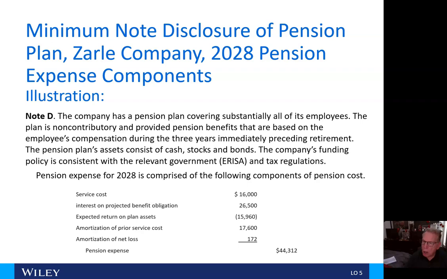The plan is non-contributory and provides pension benefits that are based on the employee's compensation during the 3 years immediately preceding retirement. The pension plan's assets consist of cash, stocks, and bonds. The company's funding policy is consistent with the relevant government, ERISA, and tax regulations.